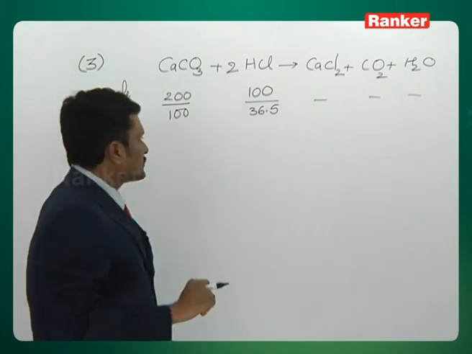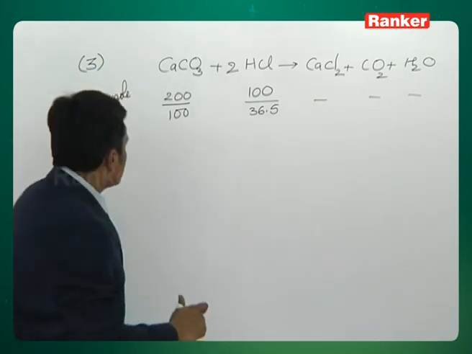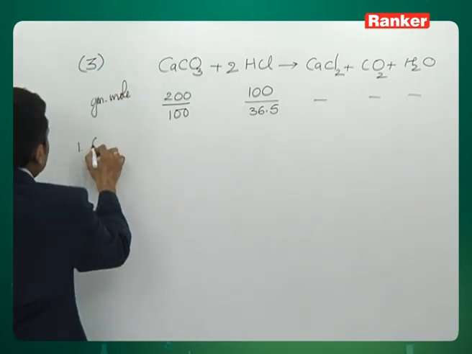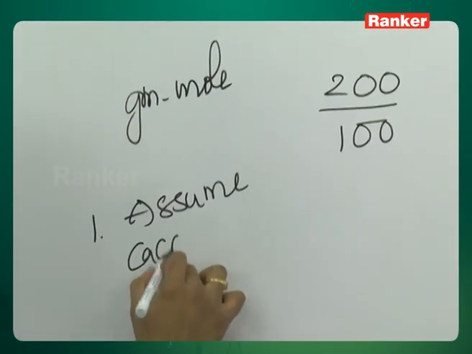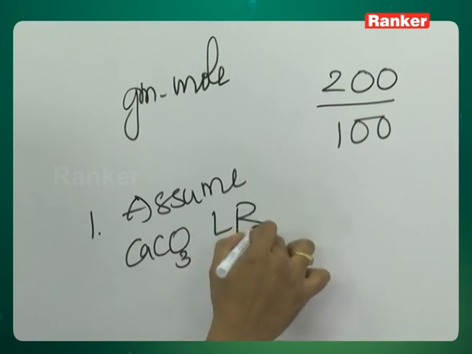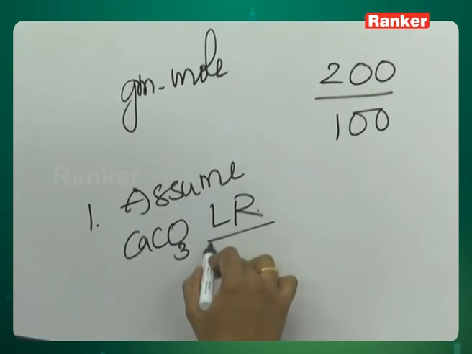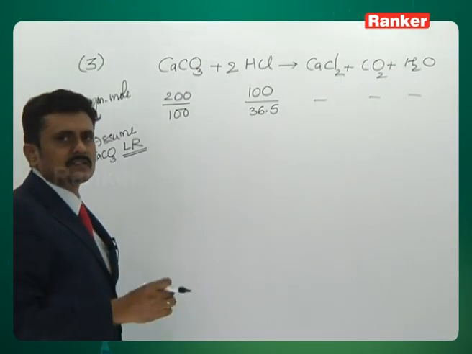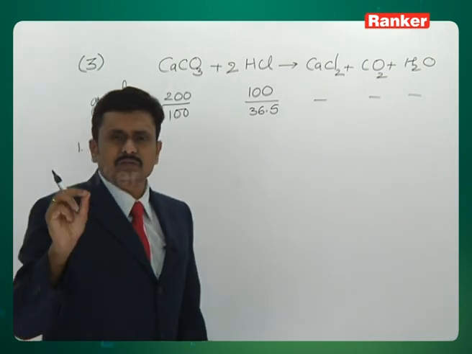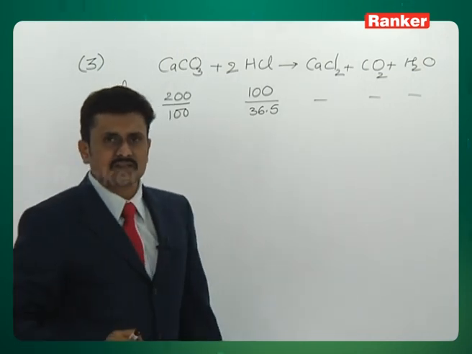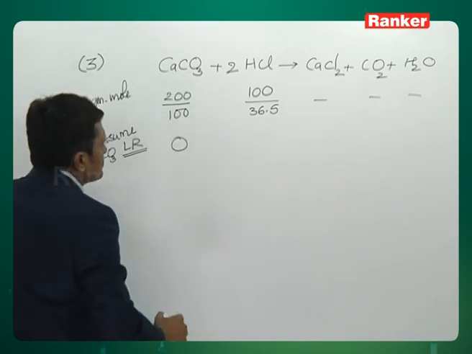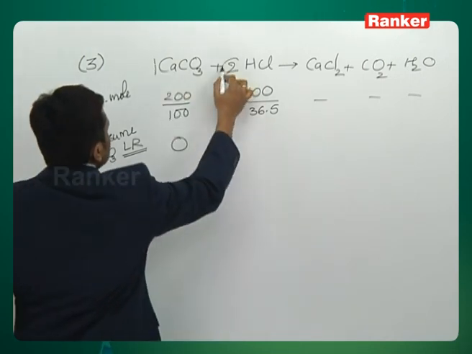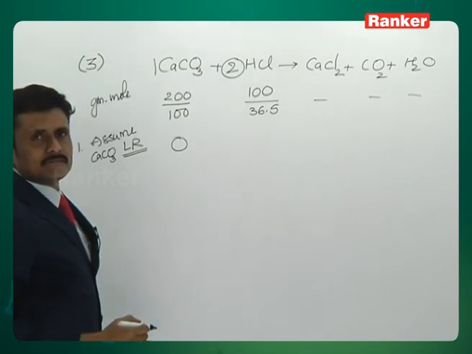In such cases, what you have to do is assume. Let's assume, in case 1, CaCO3 as the limiting reagent, the reagent that is completely consumed during the course of the reaction. Suppose it is CaCO3, for every 1 mole I can see here 2 moles of HCl has reacted.